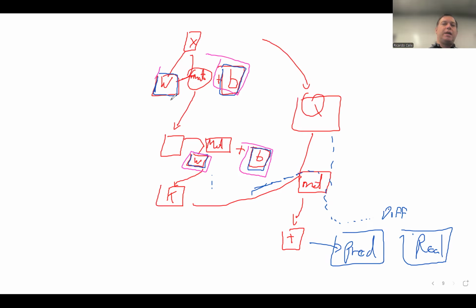So PyTorch creates the graph, data flows forward to produce a prediction, you compare it to the real data, take the difference, and then the optimizer uses that information to update these weights and biases. Eventually, when this is fully trained, a new input comes in, and what would you expect? The prediction is almost the real value, which means you've minimized the error of the model.